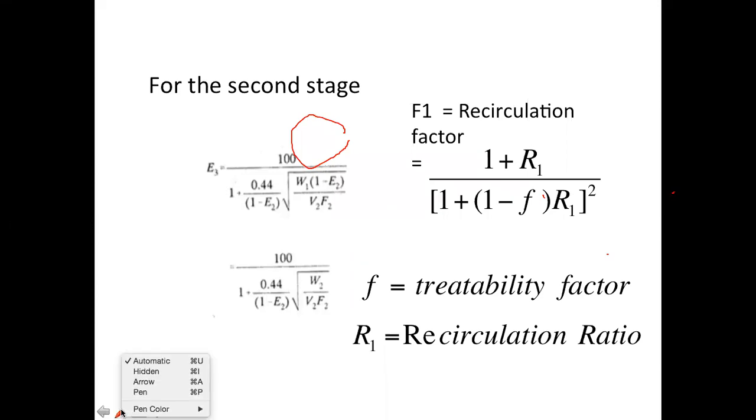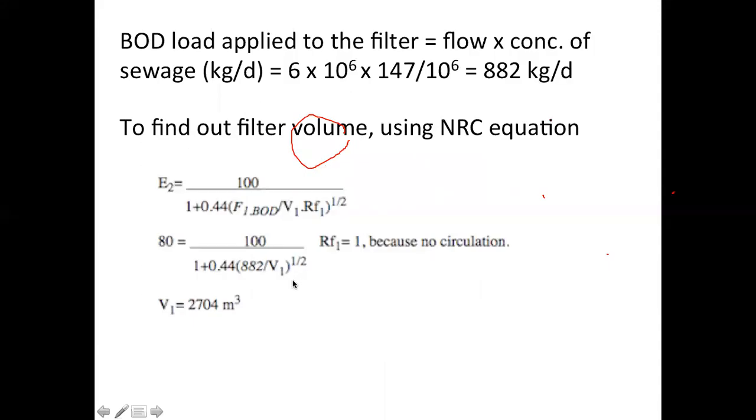From this equation we will calculate the value of F1. Here R1 will be 0, and the treatability factor, if it is 0.9, so accordingly we can calculate R, which will also be 0. So we can calculate the value of F1. We will keep the value of F1 in this equation, and the volume will be 2704 cubic meter.